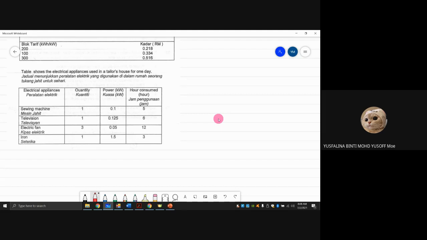For this one, I already taught you we use E equals PT, right? So the power here for the machine is 0.1 times 5, so you will get 0.5. For this one, use the same formula PT.